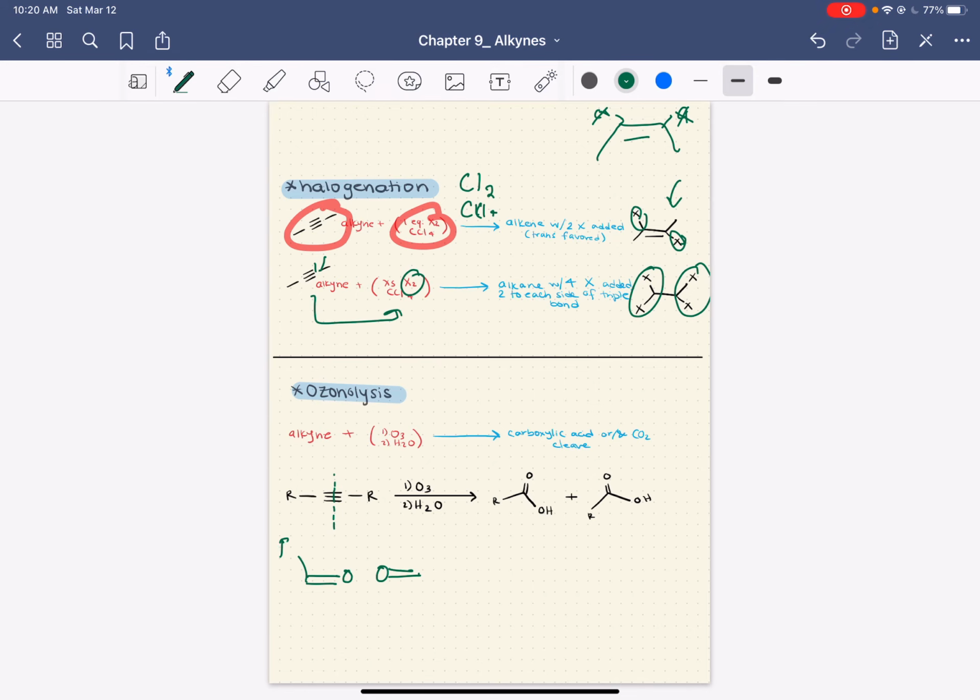We keep the R groups that are potentially there, but we also add an alcohol group because ultimately ozonolysis of a triple bond is going to result in carboxylic acids. With terminal alkynes, the terminal side is going to get converted to carbon dioxide, but you're going to form at least one carboxylic acid.